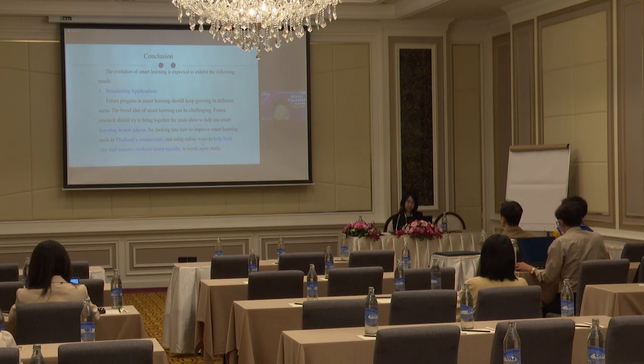Future research should try to bring together the main ideas to help use smart learning in new places. So, looking into how to improve smart learning tools in Thailand's countryside, and using online ways to help both city and country students learn equally, is worth more study.